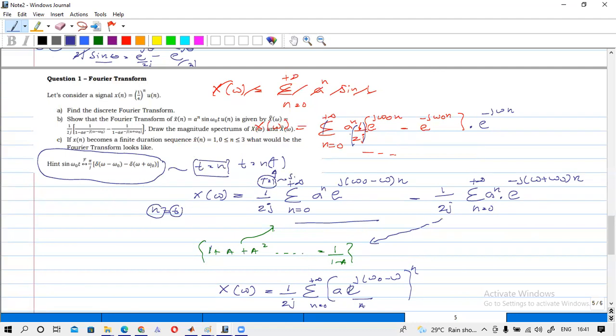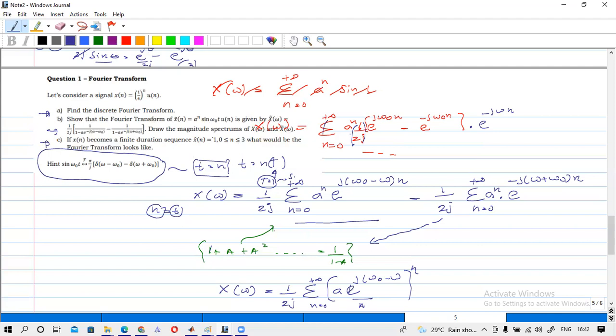Otherwise sometimes we can use this approach to get this answer, but you have to use some properties, otherwise you can't get the answer. I hope this kind of question will not come to the exam, but this can be done. This is a basic approach, and this one also is a very basic one.